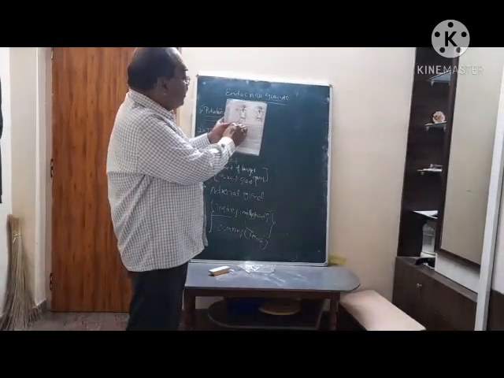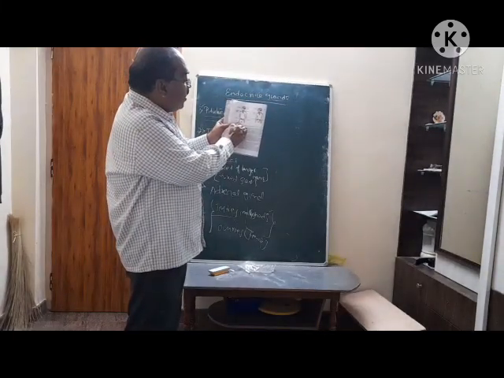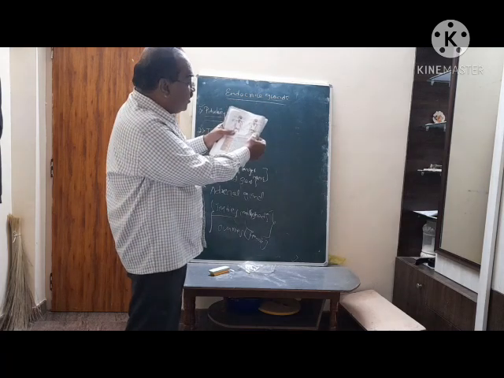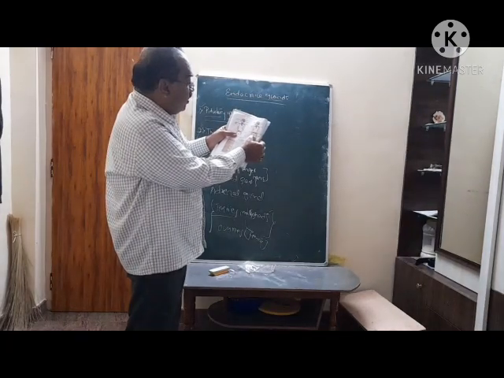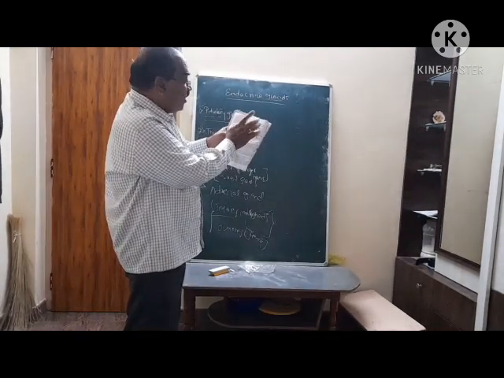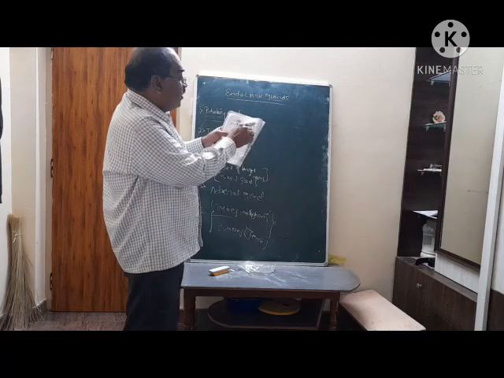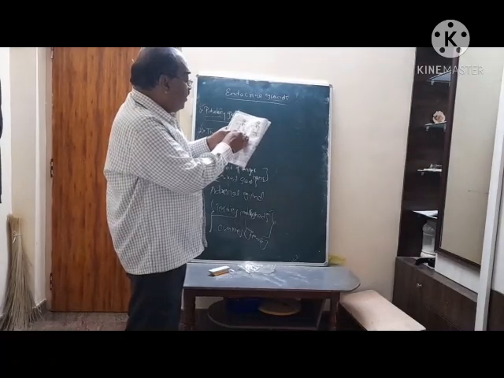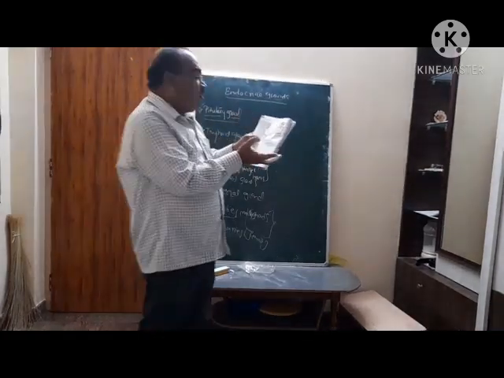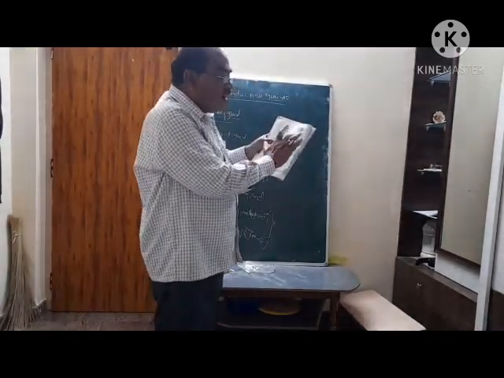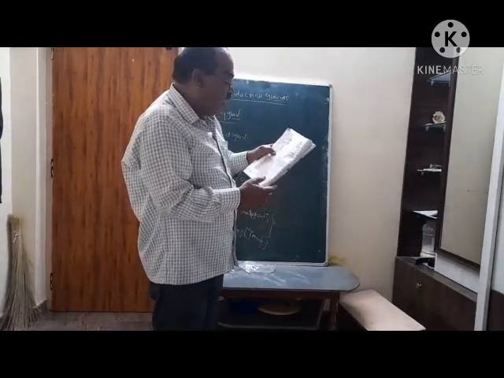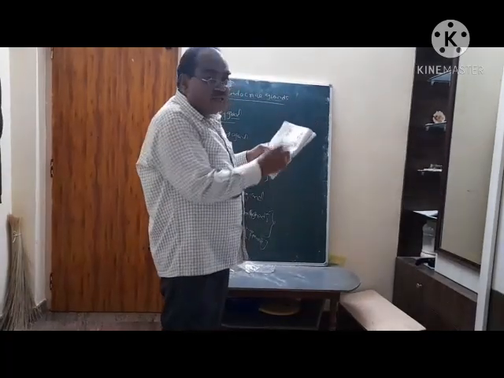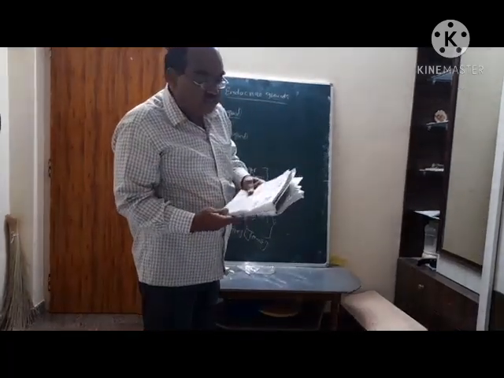Here the testes are present only in the male, and here the ovaries are the endocrine glands present only in the female. The other endocrine glands, the pituitary gland, adrenal gland, thyroid gland and pancreas, are present in both male and female. They are the general endocrine glands. Testes are the male sex glands and the ovaries are the female sex glands.